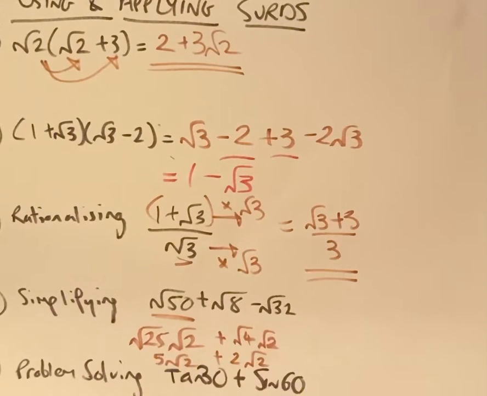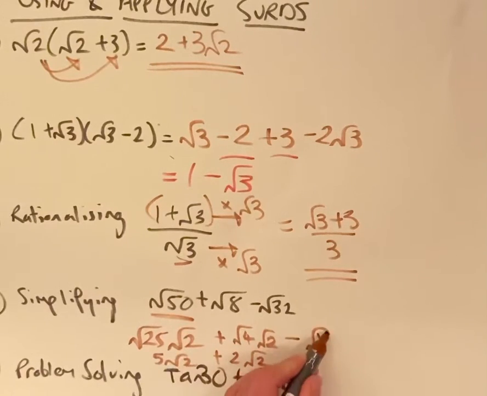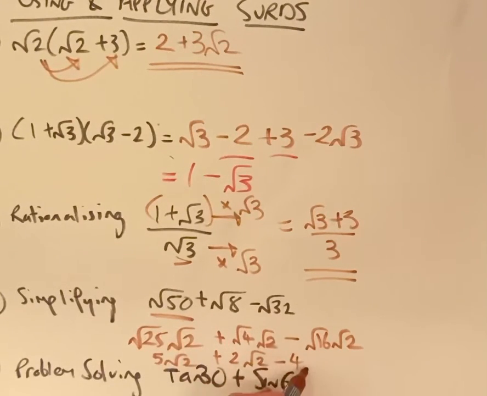And then finally, we've got root 32. Well, the highest square factor of root 32 is going to be root 16 and root 2, because 16 times 2 is 32. And again, if we simplify that, root 16 is 4, so that's 4 lots of root 2.